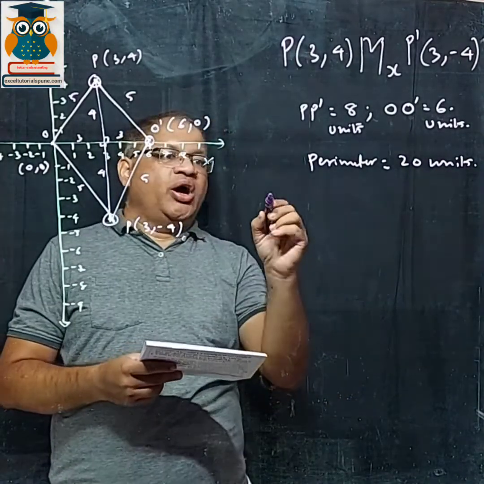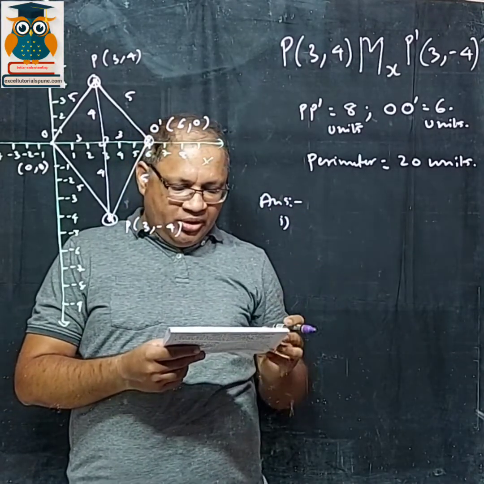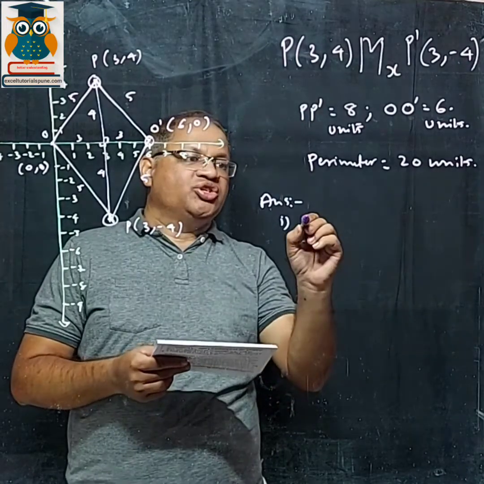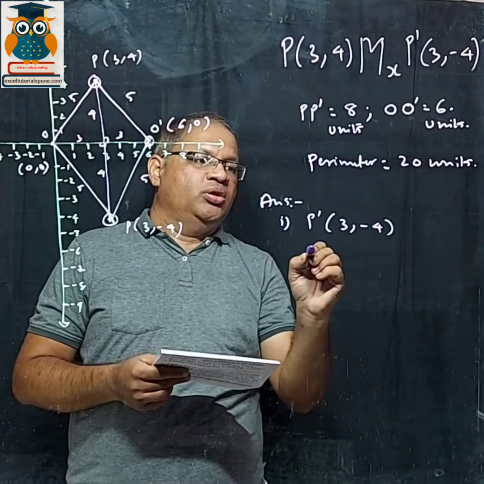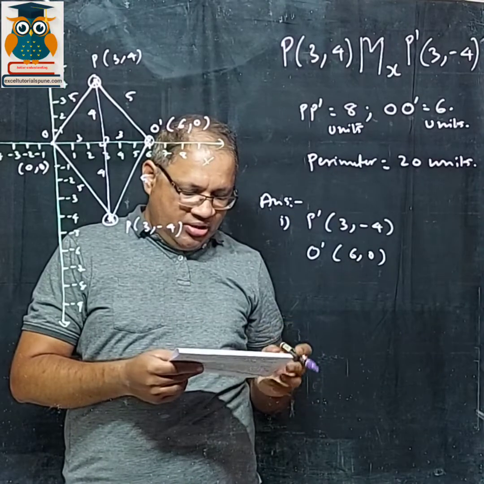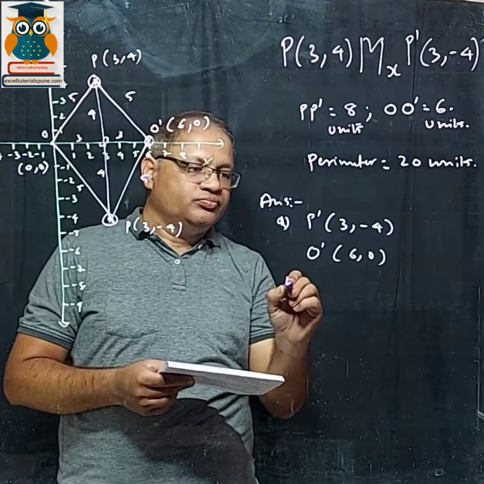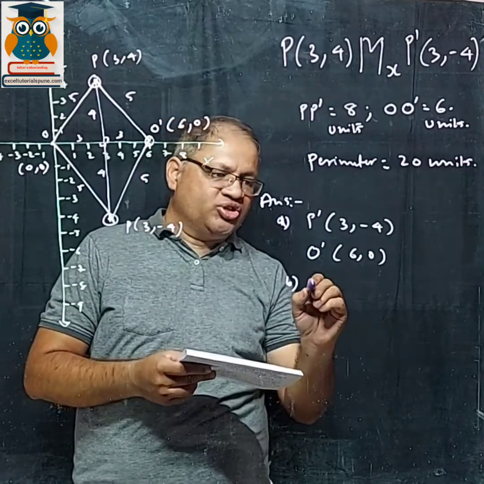So you've got it. So answer we'll write down now. First part they have asked P dash and Q dash. P dash value we've got 3 and minus 4. Q dash is 6 and 0. Then the next part what they have asked. B part they asked length of PP dash and QQ dash.